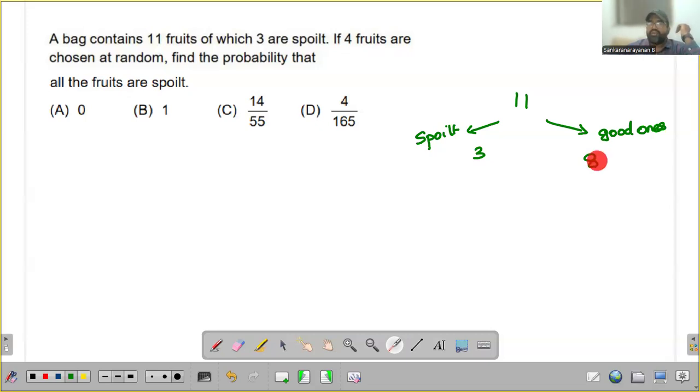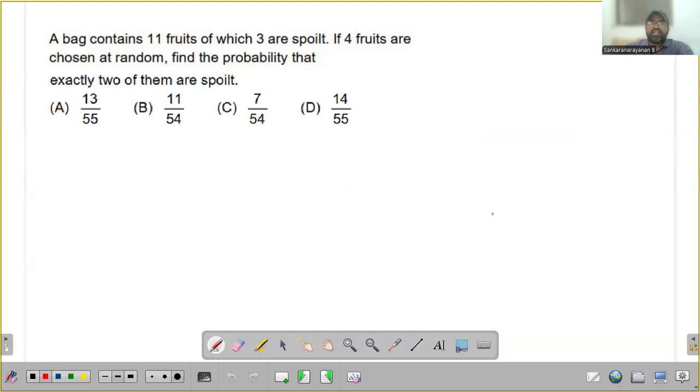Okay, so definitely as far as this question is concerned, we can see that option A will be the answer because this is an impossible event. You got me? Because there are only 3 spoiled fruits there. You are drawing 4 fruits. So how can you say that all 4 will be spoiled? It is an impossible event. Okay. So for this question, the answer is option A, 0. Let's consider the next question.